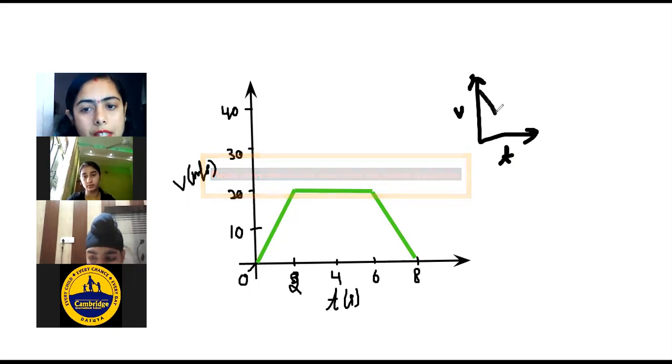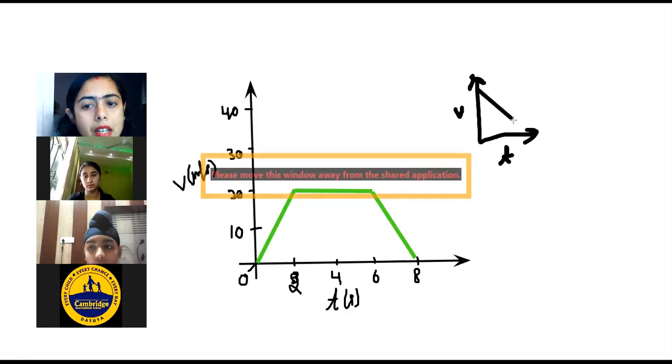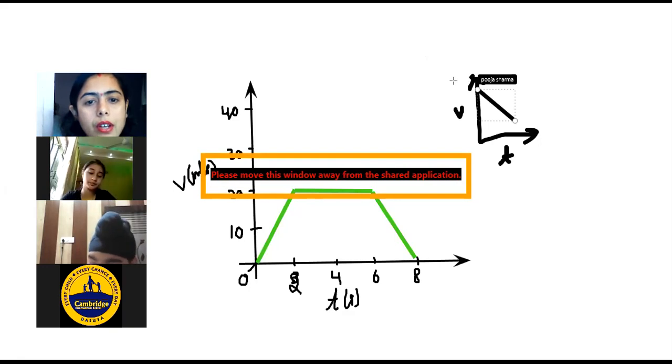If you have this kind of graph, a straight line but in the downward direction. Remember, we studied negative acceleration or retardation. So here your velocity is changing, so acceleration will come. Let's say here you have value 1, here value 2, here value 3.